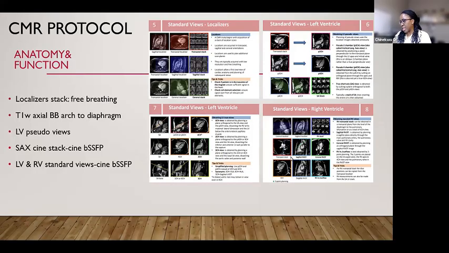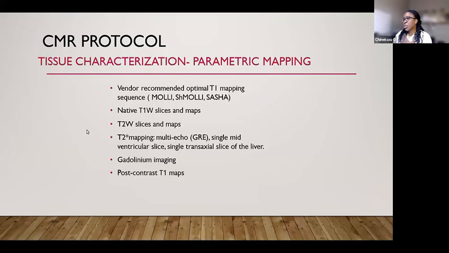We also do a dedicated RV stack for right ventricular function, which is relevant, especially in the genetic cardiomyopathies. Then we do tissue characterization. Essentially what we want to achieve is T1 weighted images, T1 relaxation time, T2 relaxation time, but also to get the maps of these, because from a physics and accuracy perspective, we know that the maps are more robust than just doing the weighted images.